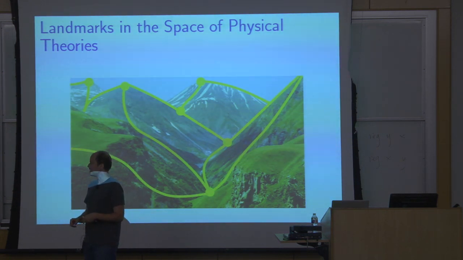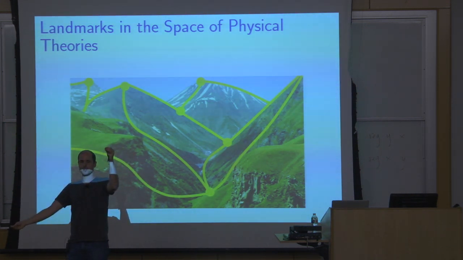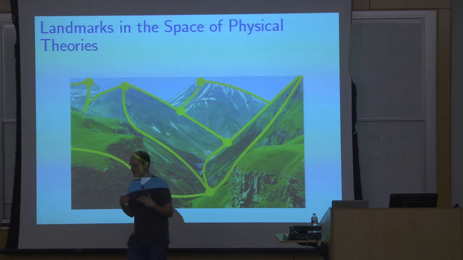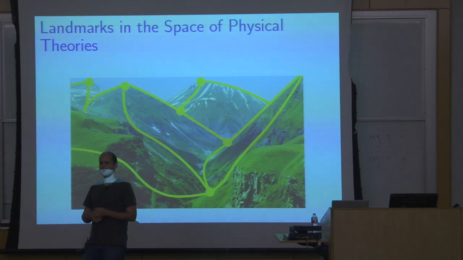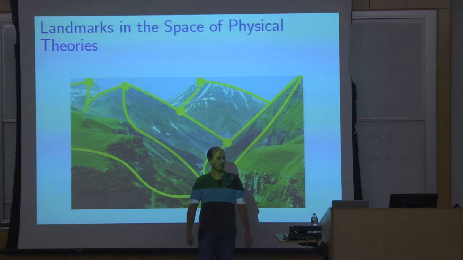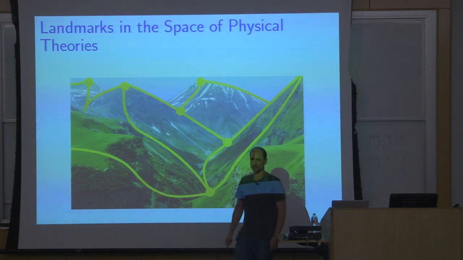The idea is that a general quantum field theory can be thought of as starting with a conformal field theory, deforming it, and flowing to long distances, and getting another conformal field theory. And so that gives you an idea for making a map of quantum field theories, of the space of quantum field theories. You start by studying these landmarks, and then you study the roads between them.